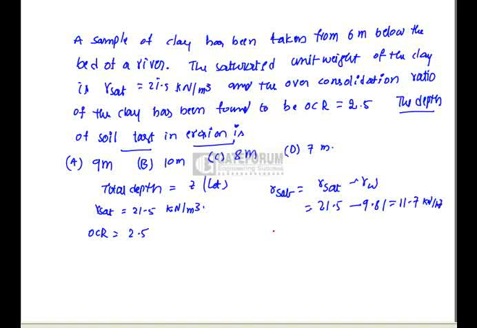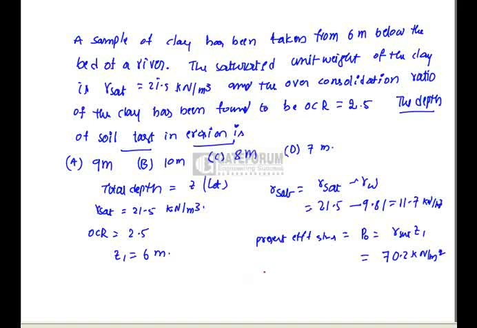The present effective stress at a depth of 6 meters is equal to P naught, that is gamma submerged into Z1, that is equal to 70.2 kilonewton per square meter.